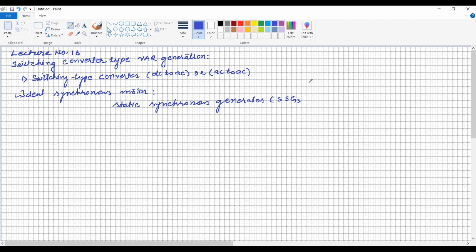It is analogous or similar to the rotating synchronous condenser. So it does the same thing: reactive power generation, and also reactive power absorption.